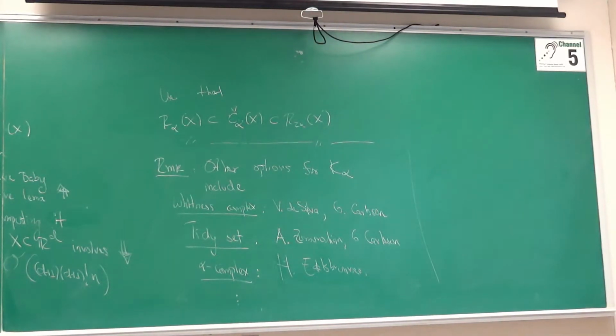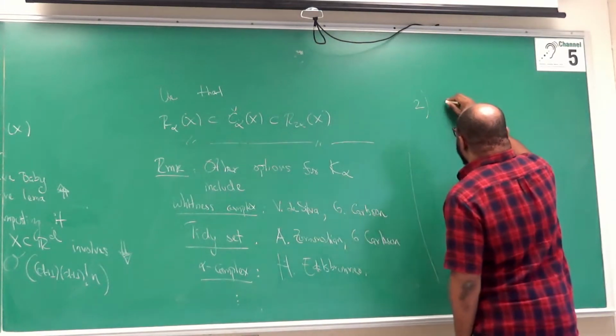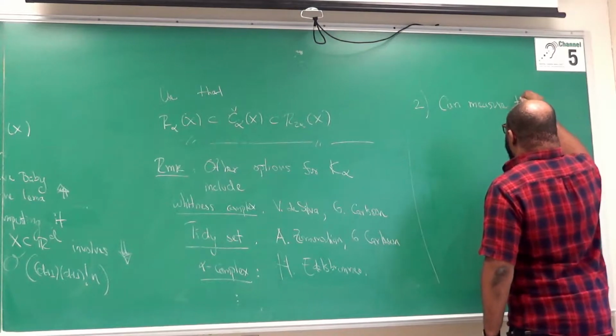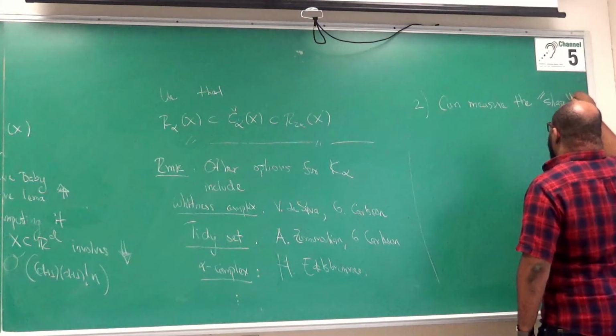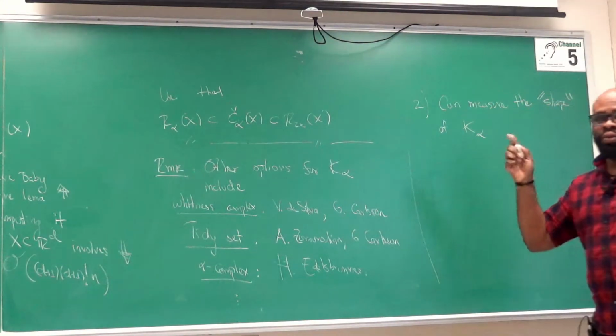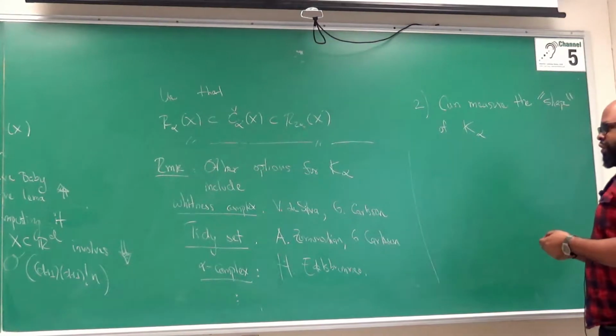The second thing that we've seen is that we can measure the topology, I'm going to use the word shape, of whatever simplicial complex we're using to do the approximation. And we can do it via these invariants that we have constructed.